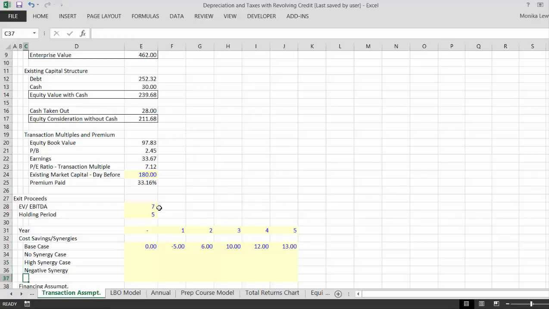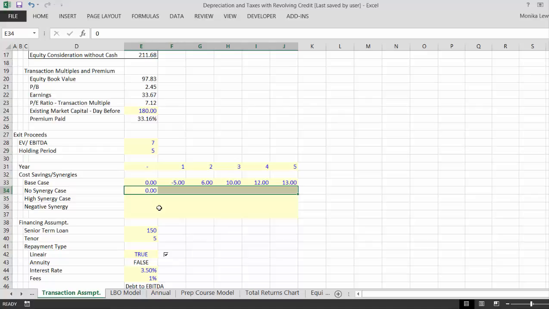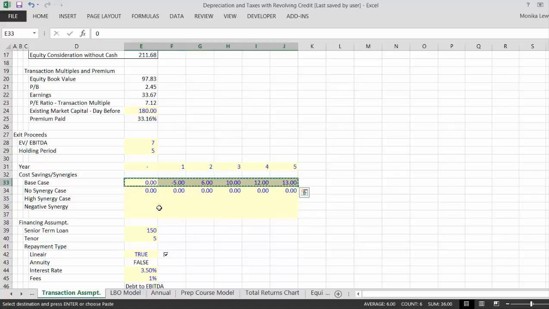Now, one of the negative synergies could be that we lose our tax carry forward, but there can be negative synergies because all the competitors start coming in and saying, "Oh, this merged company sucks. We gotta compete better with them. We're gonna use this as an opportunity to get rid of their business." High synergy case.